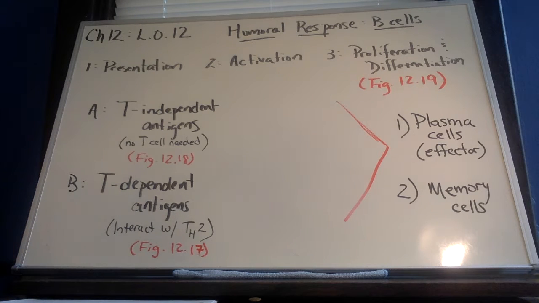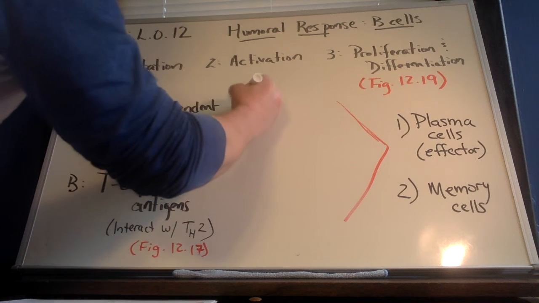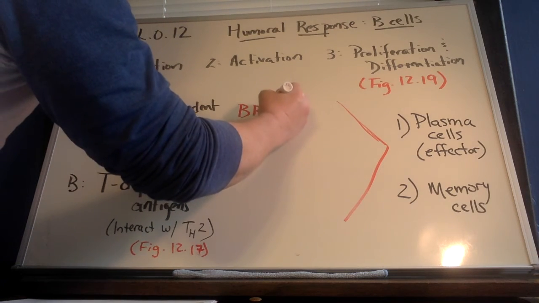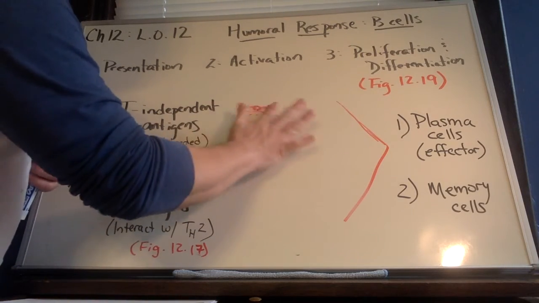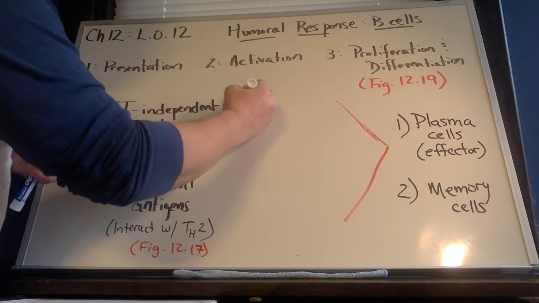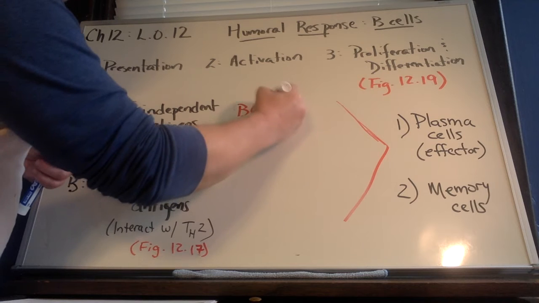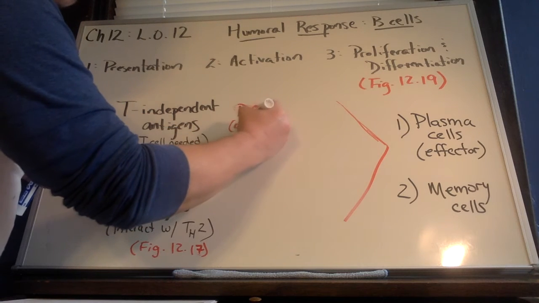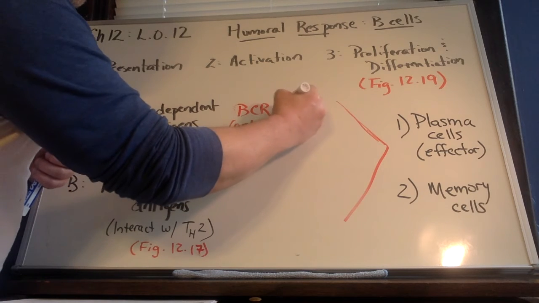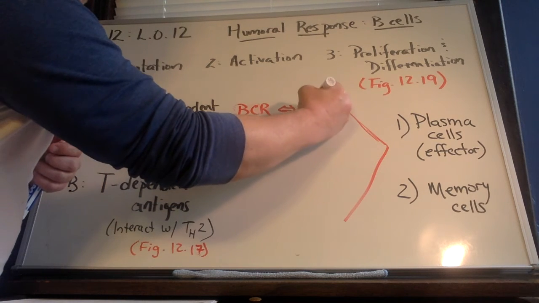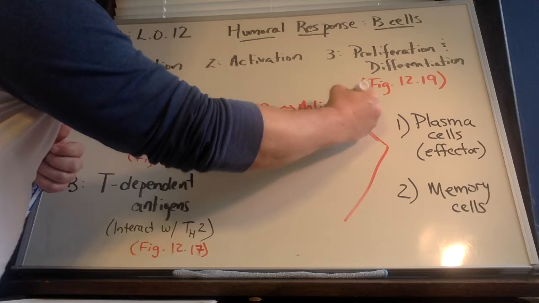There are BCRs, remember those, B cell receptor proteins, BCRs, B cell receptors, I always get those backwards. And the BCR, you can see the antibody that's sticking out, can go ahead and bind directly with an antigen.